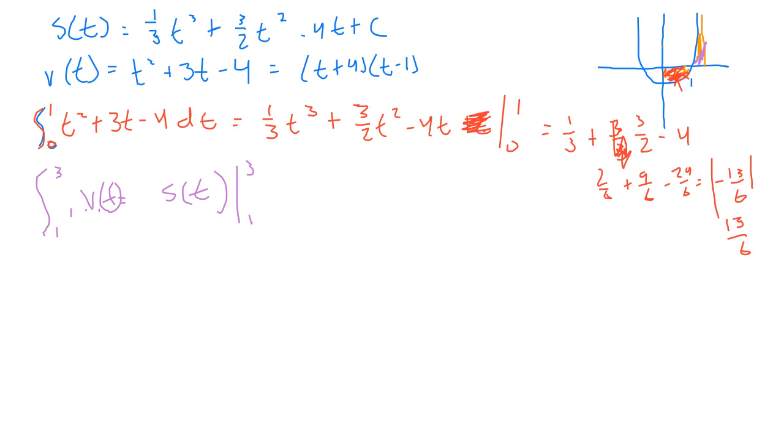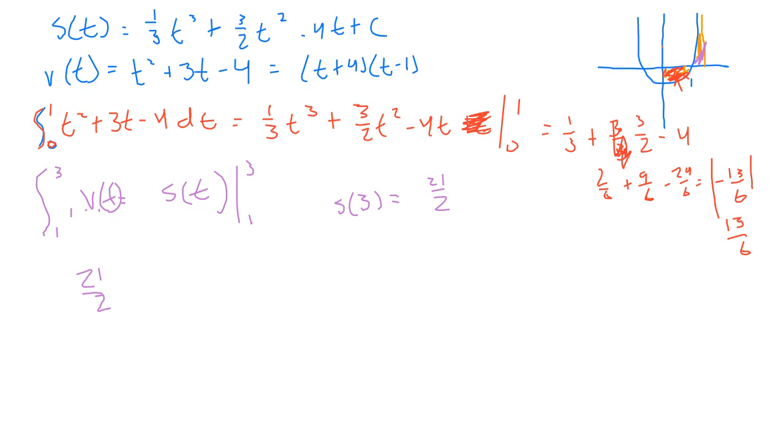We already saw that s of 3 was equal to 21 over 2 from our last example. We also see from earlier that our s of 1 is going to be negative 13/6.